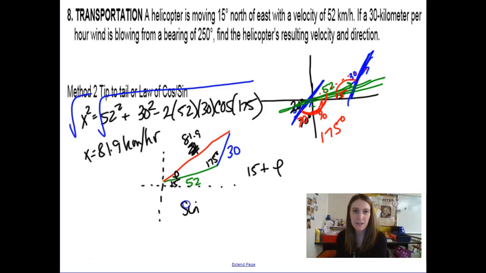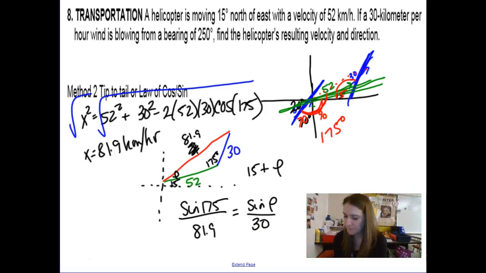So we have sine of 175 over 81.9 equals sine of phi, or x or whatever, over 30. Your book likes to use phi. Greek letter. Good old Greek letters. All right. Multiplying sine of 175 times 30 divided by 81.9 and then inverse sine at the very end. We just found out that phi is 1.8, teeny tiny angle.